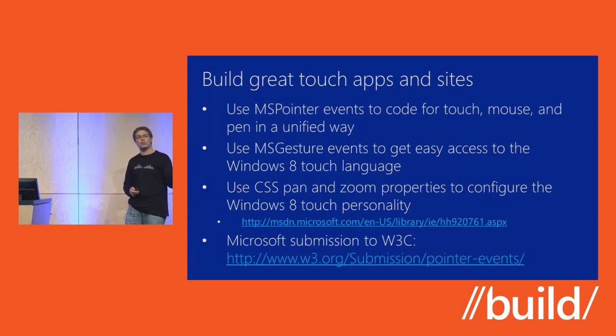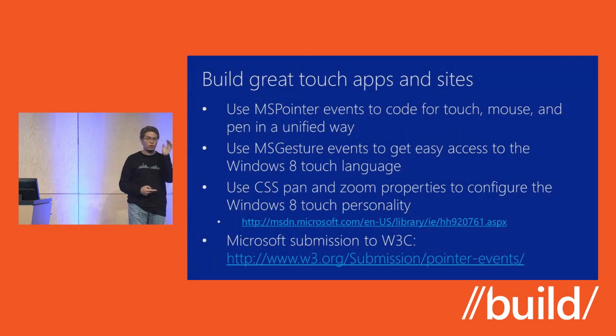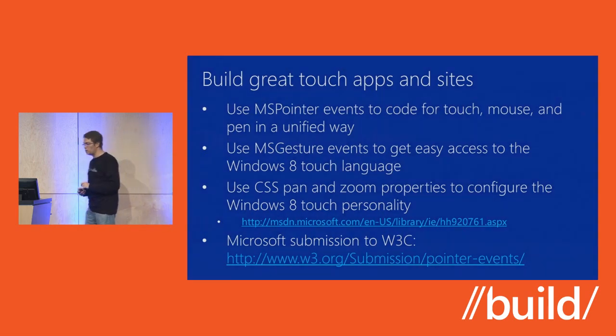If you're moving an element and you throw it on the screen, MS gesture will give you some inertia information to redo the animation like you want. So it's a high-level object that will help you build really nice things in a very easy way. Finally, you've got to think about what you'd like to touch-enable on your web page using some specific CSS, and we're going to see that in the demonstration.